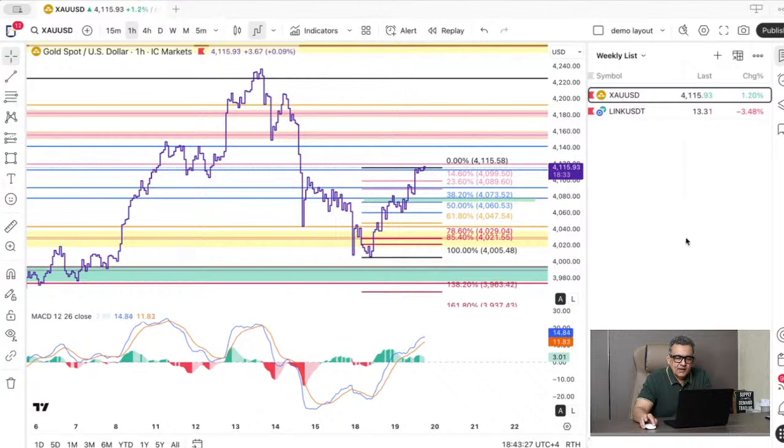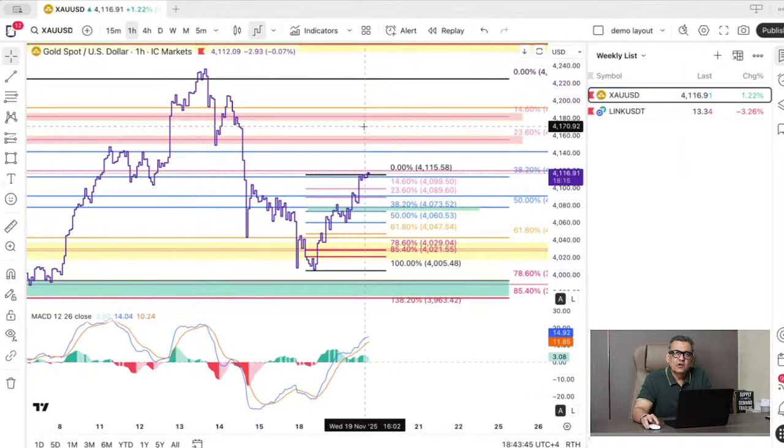And if you see a direct continuation without any pullback towards 4155, 4160, then a drop towards 4100 or maybe 4090 will complete the corrective behavior and we can see continuation higher. I'm not looking to short gold here because the higher time frames, monthly and weekly, remain ultra bullish to me.